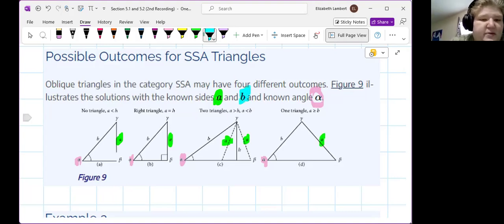And B is this side that comes off of our given angle. And then our third side is, it's kind of like we have the ground and we don't know how far along this straight line we're going to measure.